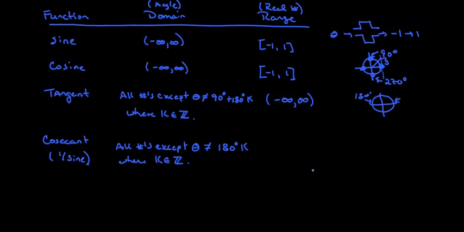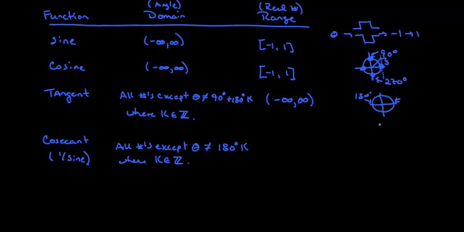Now what values come out? This is not as easy. The values that come out are 1 over sine. The sine values that can come out are between -1 and 1, so they're essentially decimals between -1 and 1.